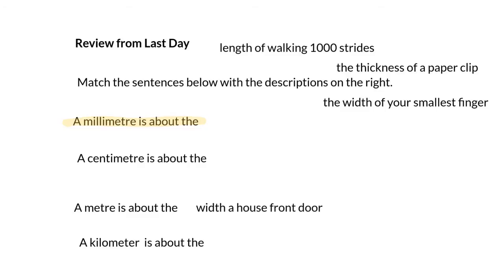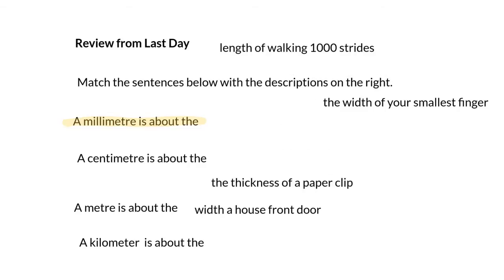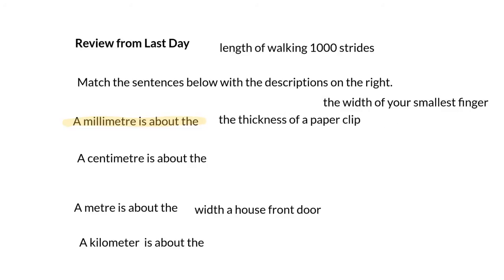So it's this one. A meter is about the width of your front door. So let's take a look at the thickness of a paperclip. Well, that thing's pretty small. So I think it's this one here, because we said that millimeter was our smallest measurement.